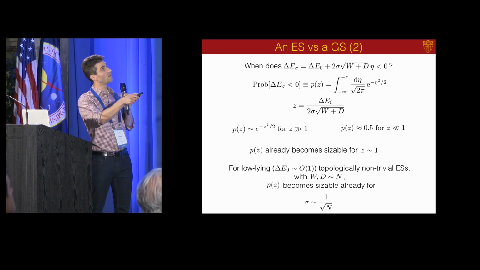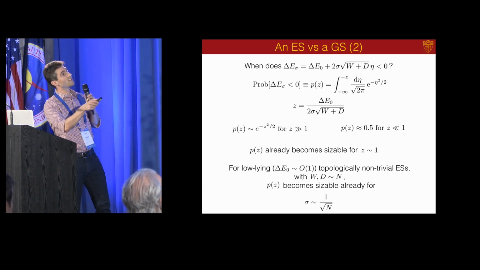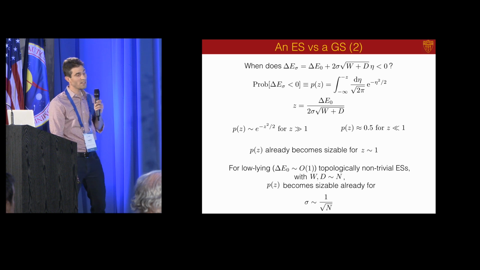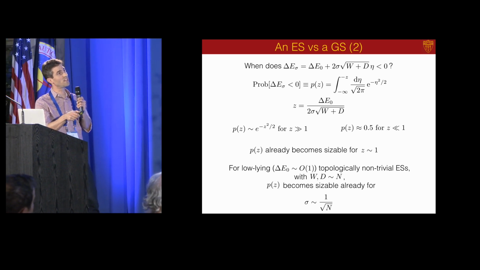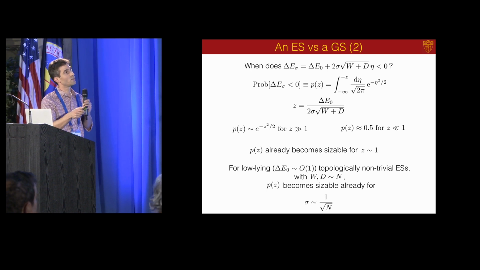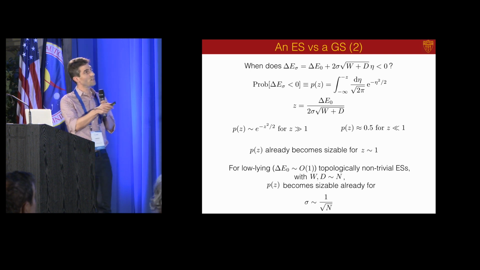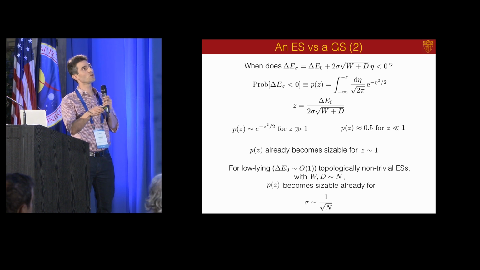For example, when z is very large, this probability is exponentially small, meaning the probability for this thing being negative is tiny. But of course, we can take the other limit. When z is very small, then this probability is close to 1/2. But it turns out that P of z already becomes sizable when z is of order 1.